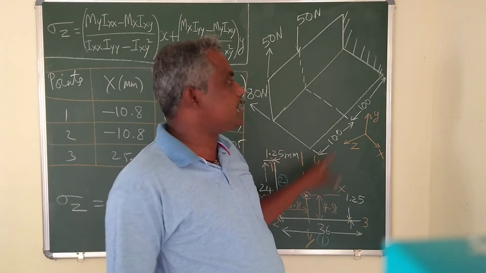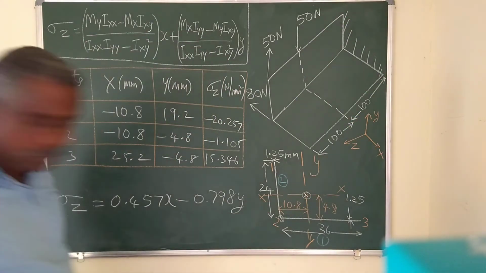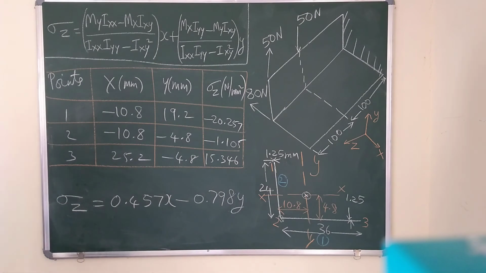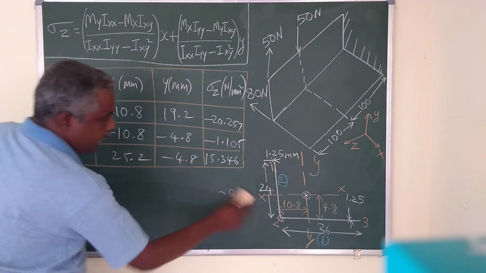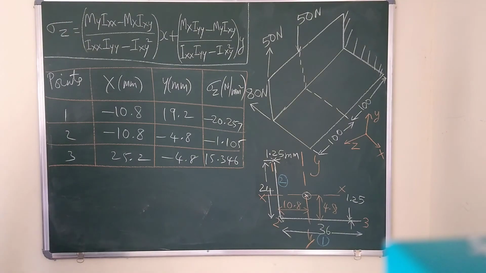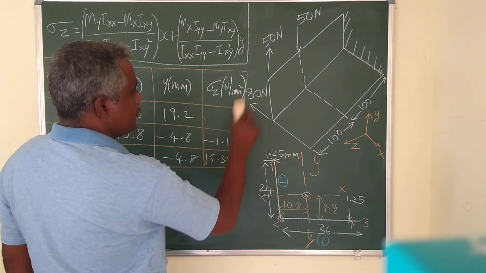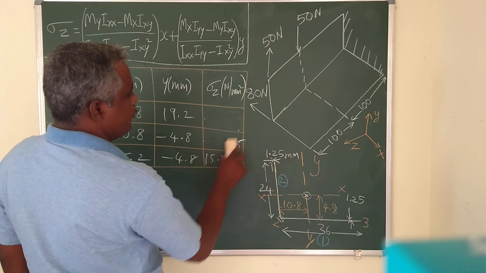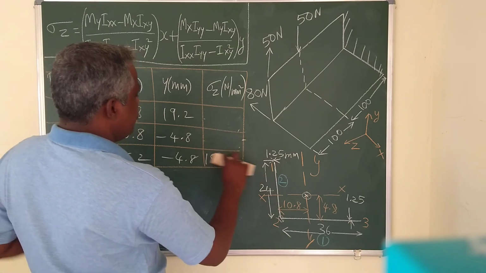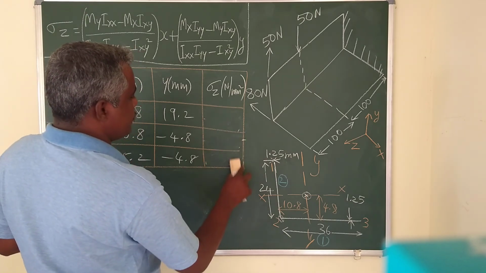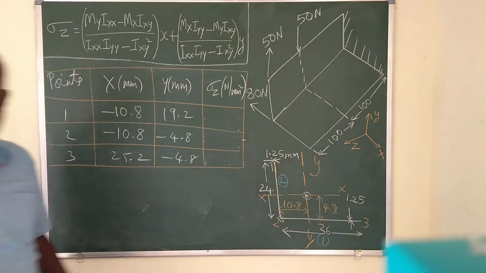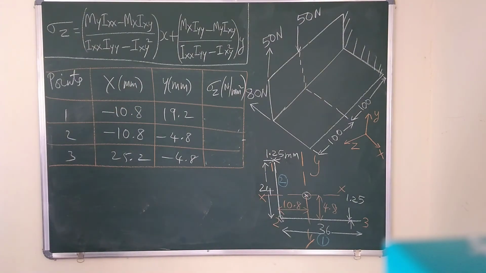Again, the moment arm distance will vary. So we have to find the bending moments mx and my again. Now let me erase the sigma z values. Whatever be the force, whatever be the magnitude of bending moment direction, these x and y coordinates don't change because geometry remains as it is.